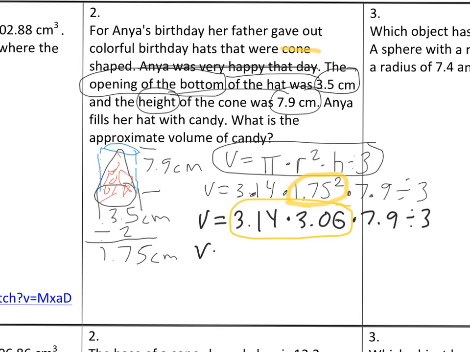Alright, so volume equals. Okay, pick up the calculator, do this with me. In the calculator, go ahead and press 3.14 multiply 3.06 and press equals. And if you got 9.6084, that's correct.